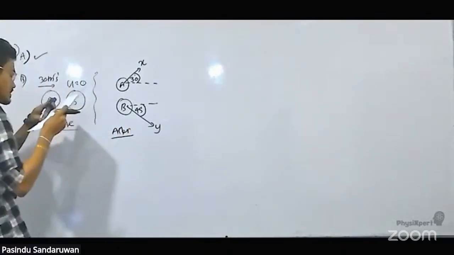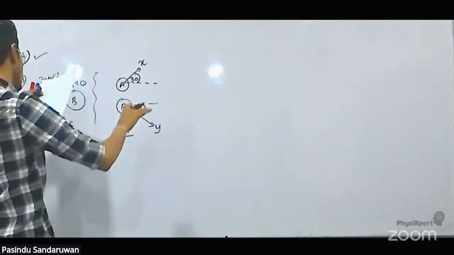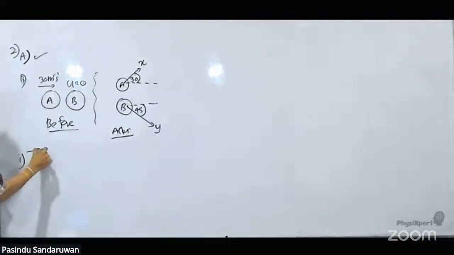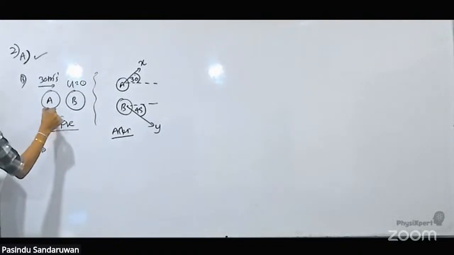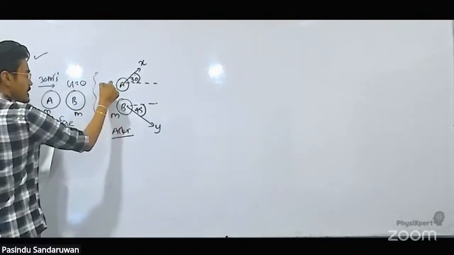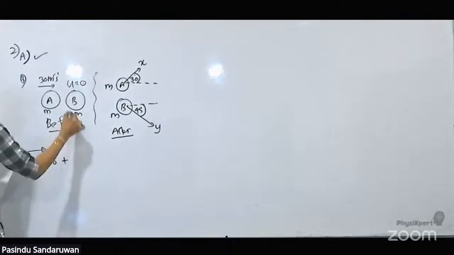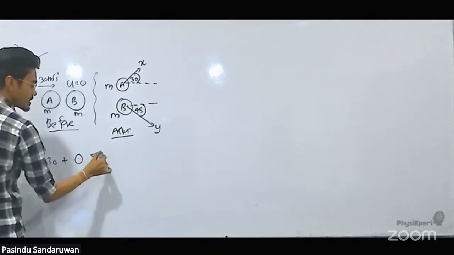First one, apply the principle of conservation of linear momentum in the direction of initial motion of ball A, along this direction. These are identical, so same mass. For the first one, mass into velocity, m into 30, plus B is at rest, no momentum, 0.